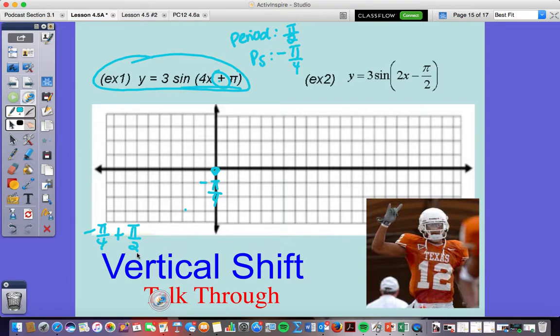So if I start right here, Rosemary, this is negative pi over 4. If I travel to the right, positive pi over 2, I can just take negative pi over 4 and add pi over 2 to get to where my ending point is. Because that's how far I travel from my starting point, my beginning. Cool? I'll be right there just a second.